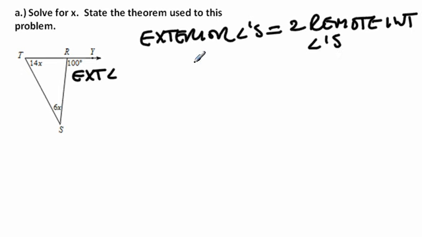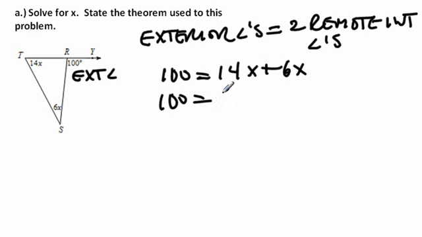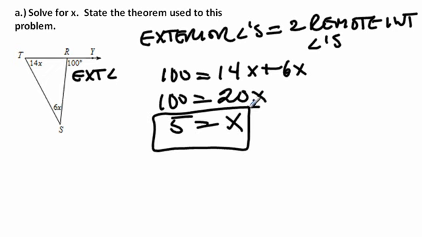So this is the exterior angle theorem, and so we know that 100 equals 14x plus 6x. So that's 100 equals 20x, and then x equals 5. And that is our answer.